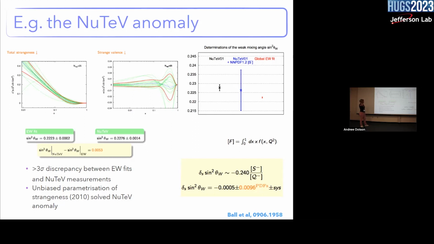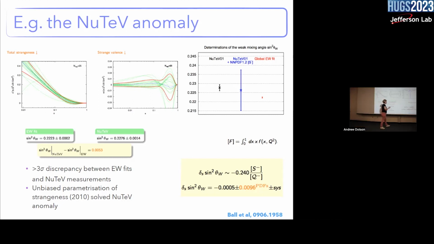But at the time, the strangeness was parameterized, because you remember that the neutrinos are very sensitive to the strangeness, by setting s equal to s bar. So the strange equal to the anti-strange, a simplified parameterization. If instead you want a neural unbiased, any kind of more flexible parameterization for the strange valence and the total strangeness, then the discrepancy went away.